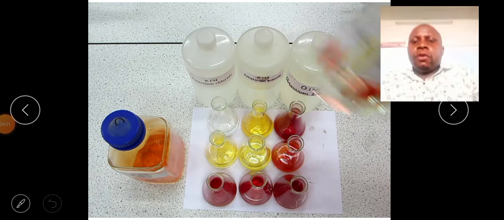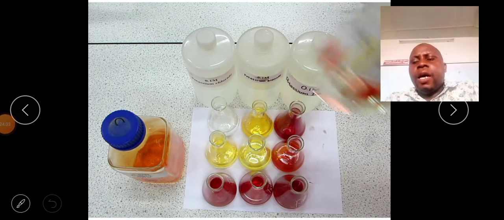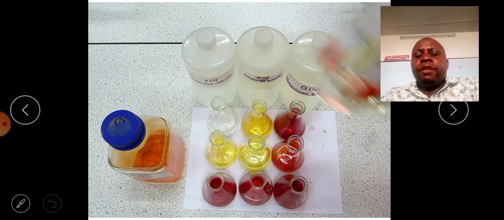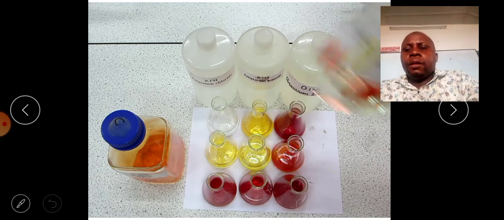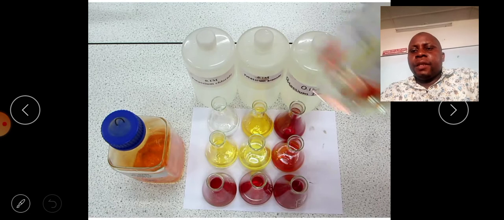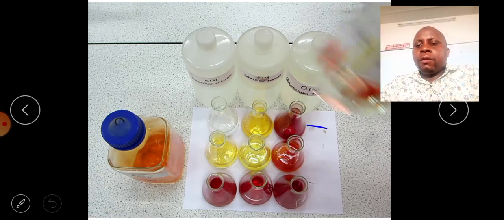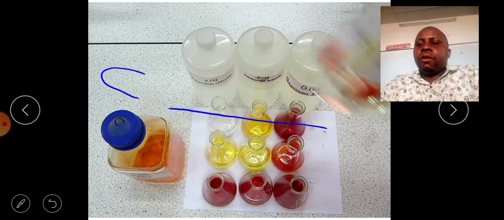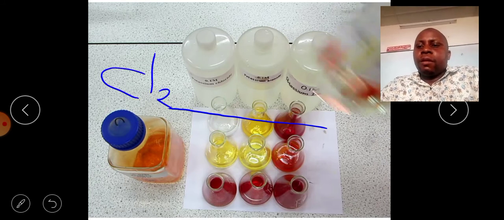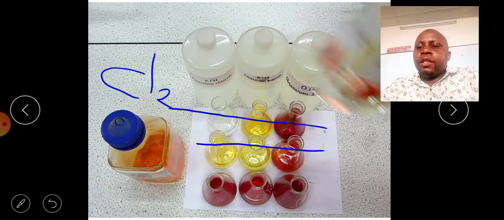Okay, so what have you learned from the just concluded video? You have learned that in this first row, there was addition of chlorine, and in the second row, there was addition of bromine.